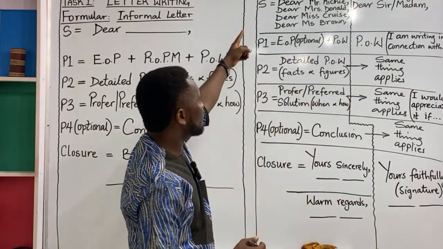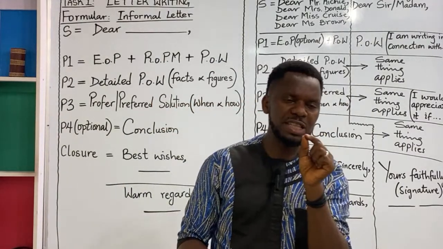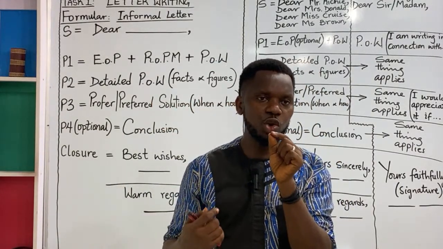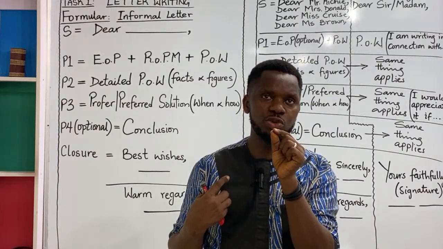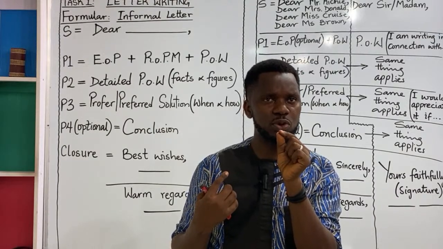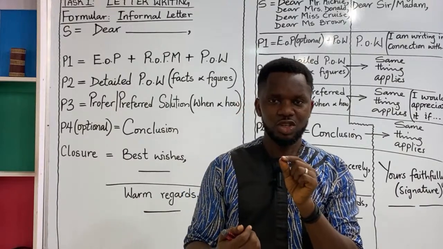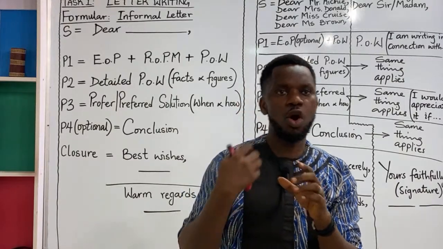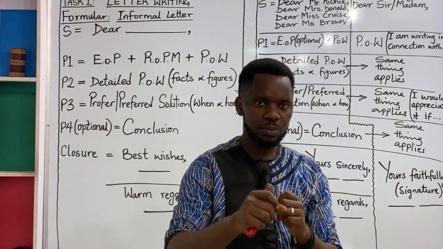So for a semi-formal letter, there will be a clue about the person you're to write to. And this clue will come with your, right? So it's more like telling you who you are to address the letter to.